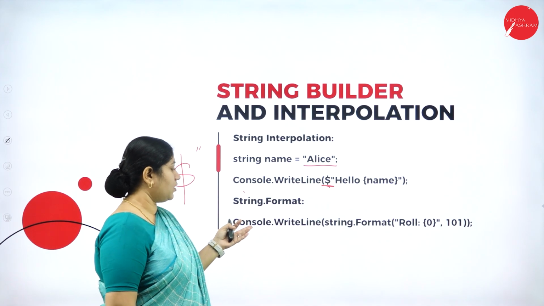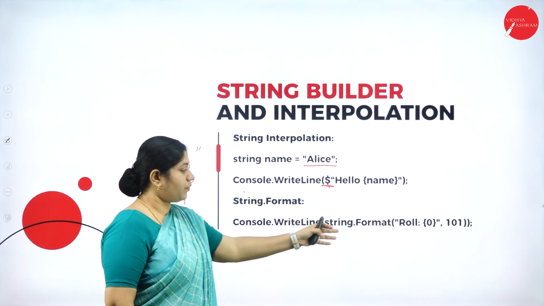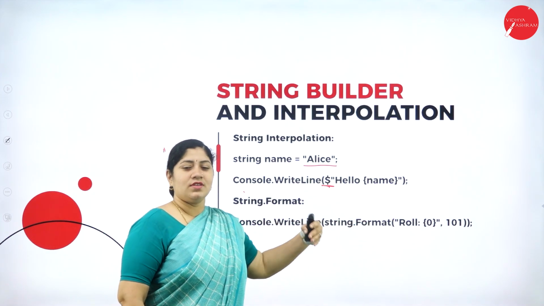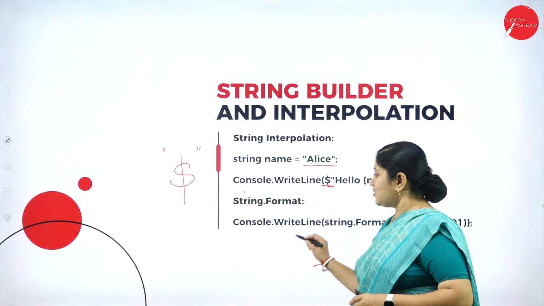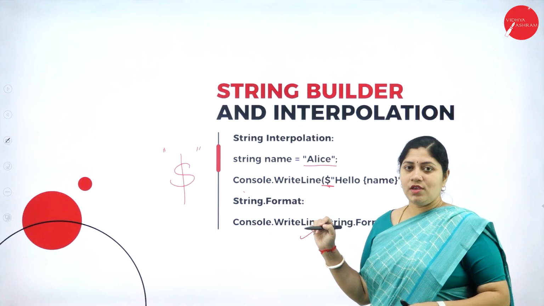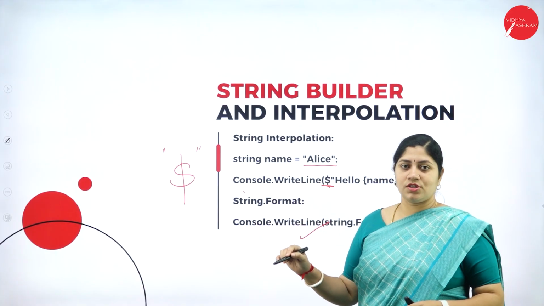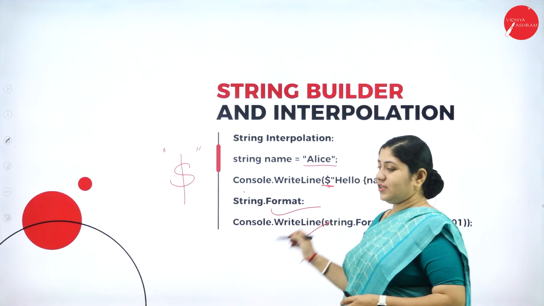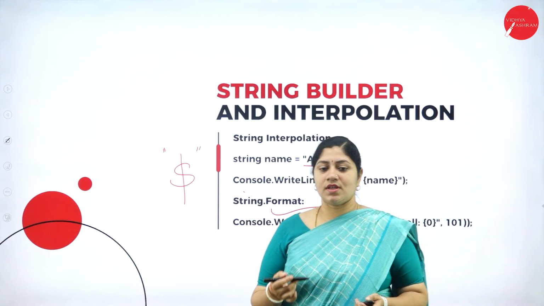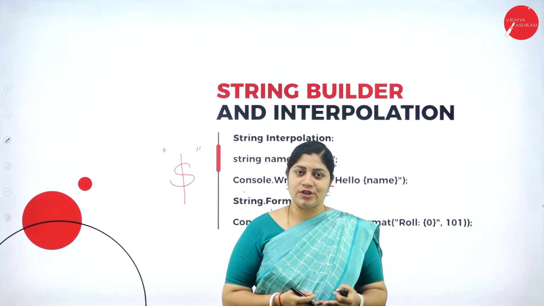We can see Console.WriteLine of string.Format, where we are defining some roll number. This is the second example. In this way you can use interpolation to build a string as well as format a string. This is string building and interpolation.